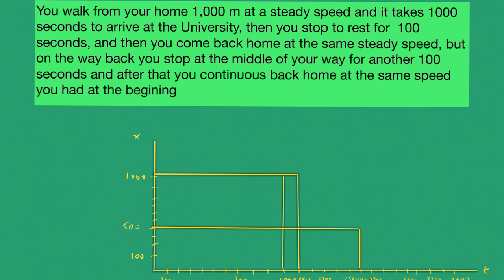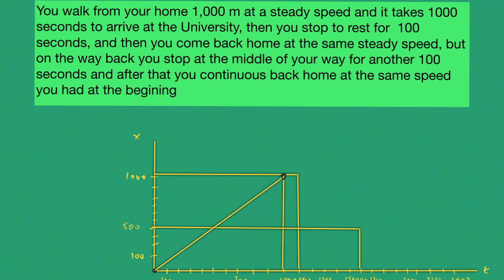So you will be here if you walk at a steady speed, and a steady speed means that your velocity is constant. So you go from here to here, so the graph of the position versus time should be this graph.